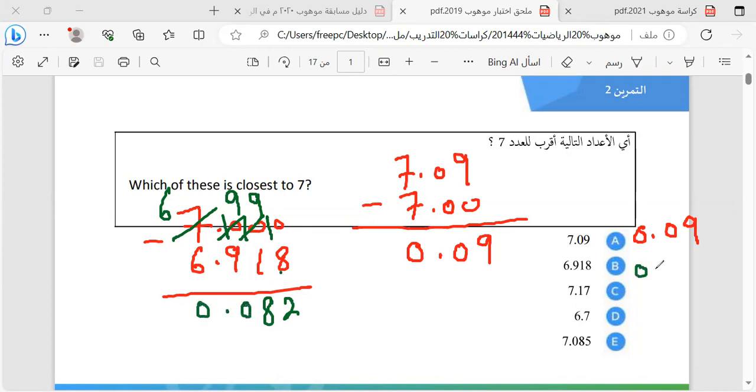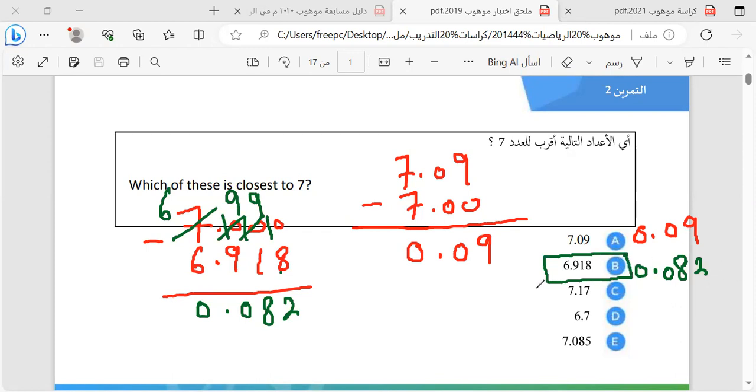So the difference between them is 0.082. Which one is smaller? B, the green one is smaller than the red one.